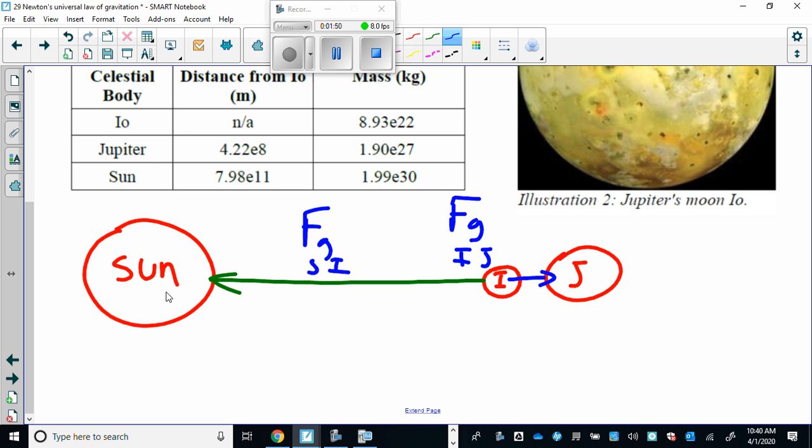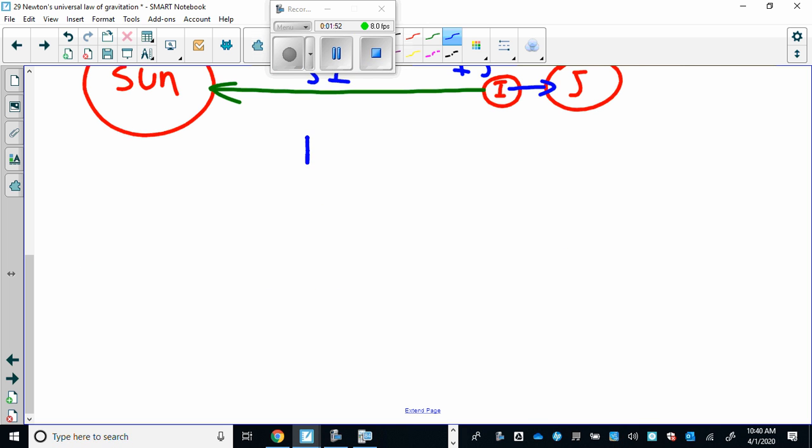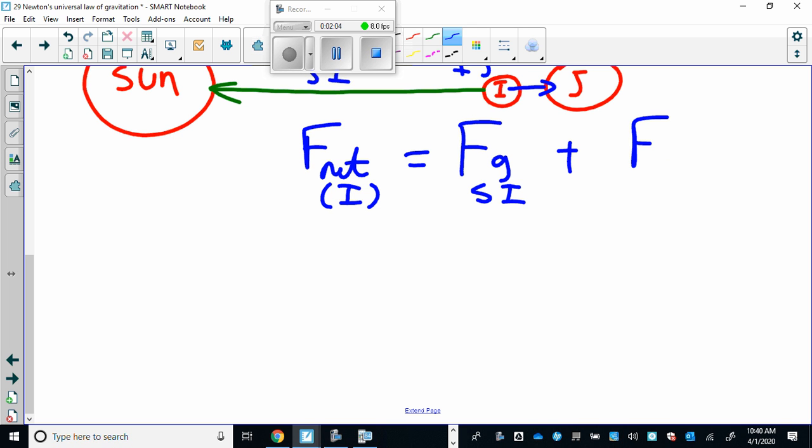I could set it up like this. I could say that the net force on Io equals the force of gravity between the Sun and Io plus the force of gravity between Io and Jupiter, if I want to set it up that way.